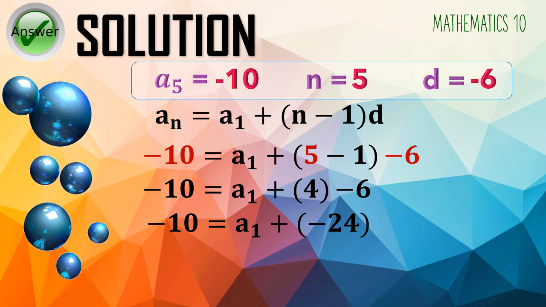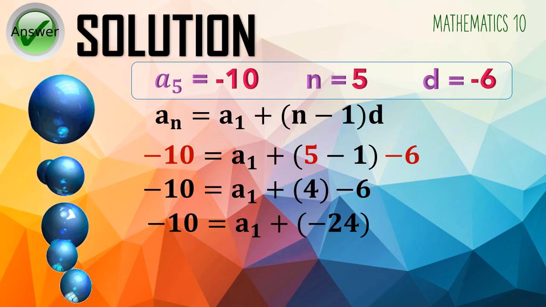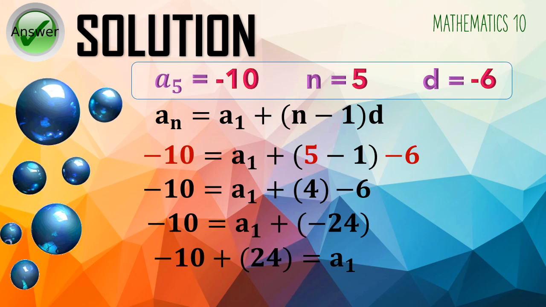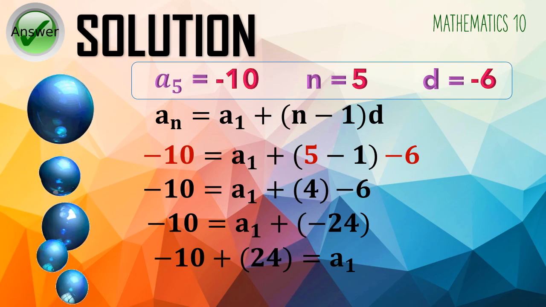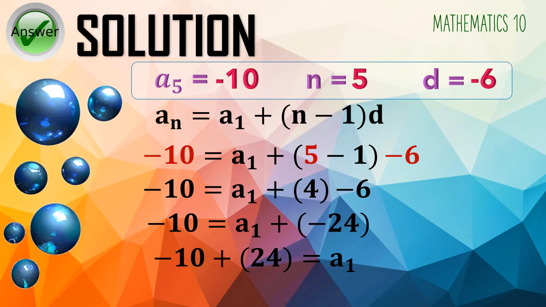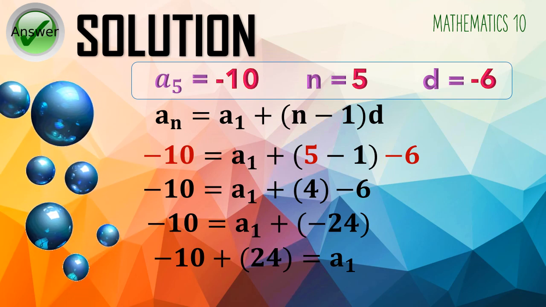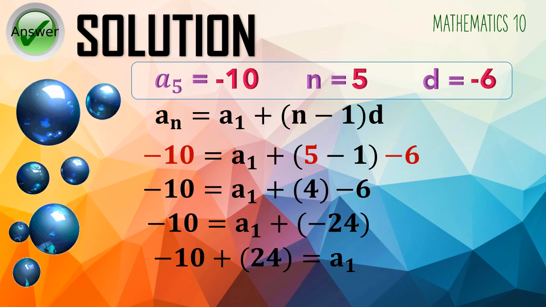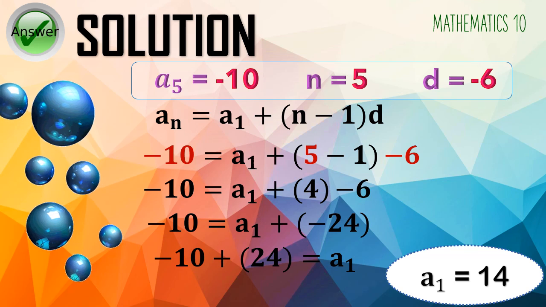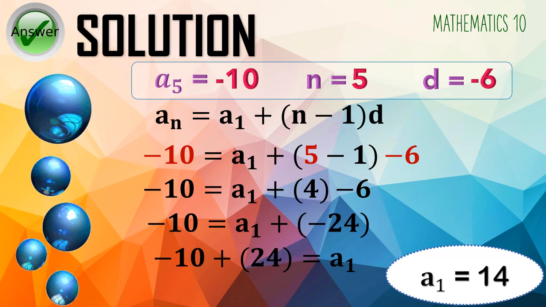And now you need to combine like terms. We do have negative 10 and negative 24, so we need to combine those constants. So we have negative 10 plus 24. I know you are particular with the shortcut wherein in applying APE, you transpose. So negative 10 plus 24 is 14. Therefore, our a sub 1 is 14.